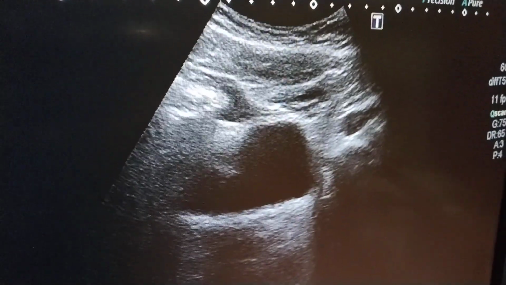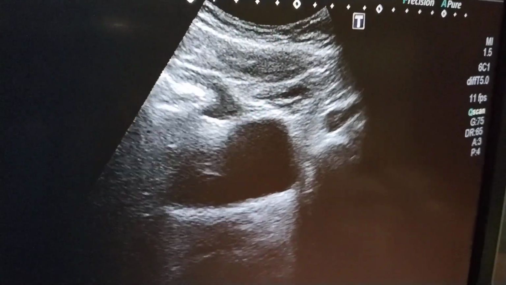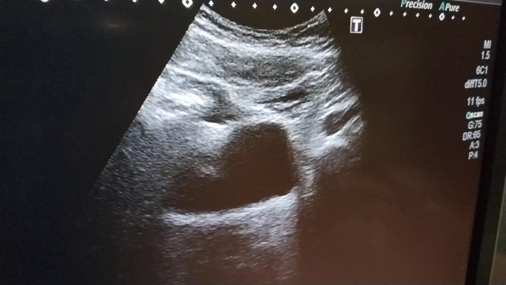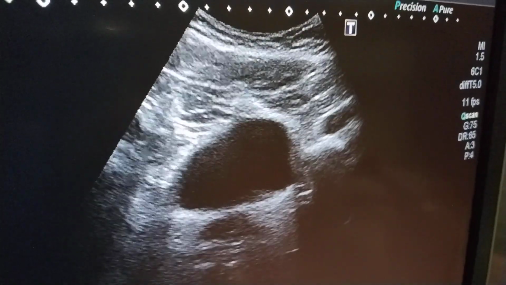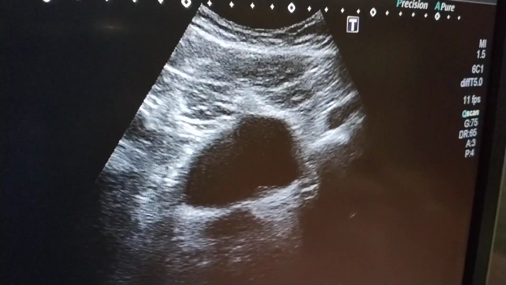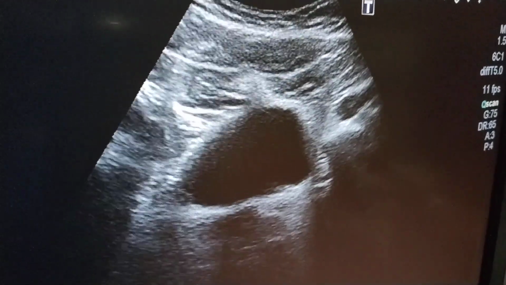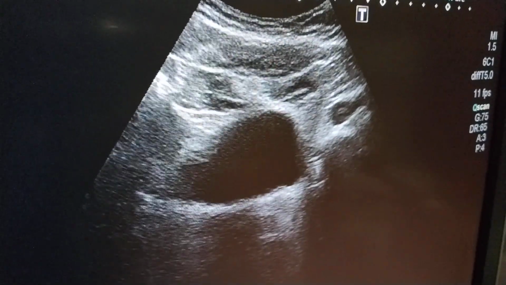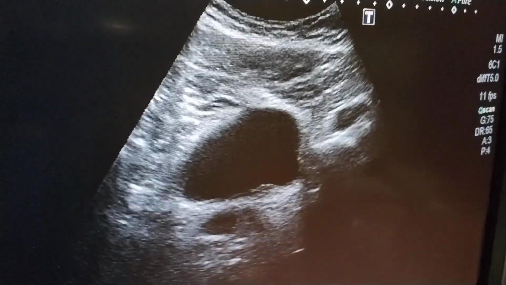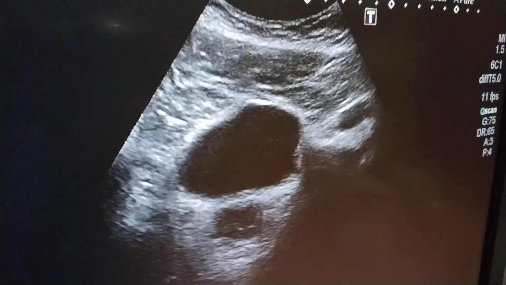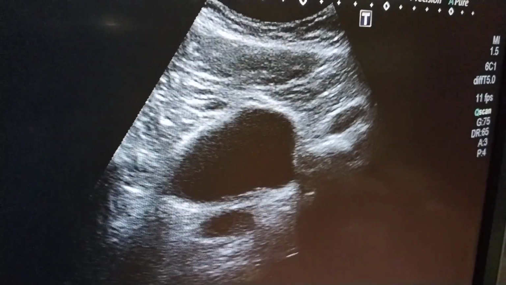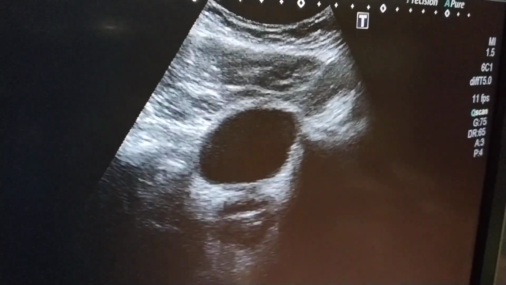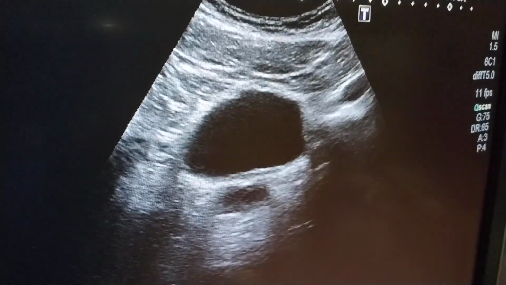When the stone is obstructing the urine, to propel the urine this smooth muscle has a strong aggressive contraction to push the urine from the obstructed portion toward the urinary bladder, due to which the patient feels colicky pain.